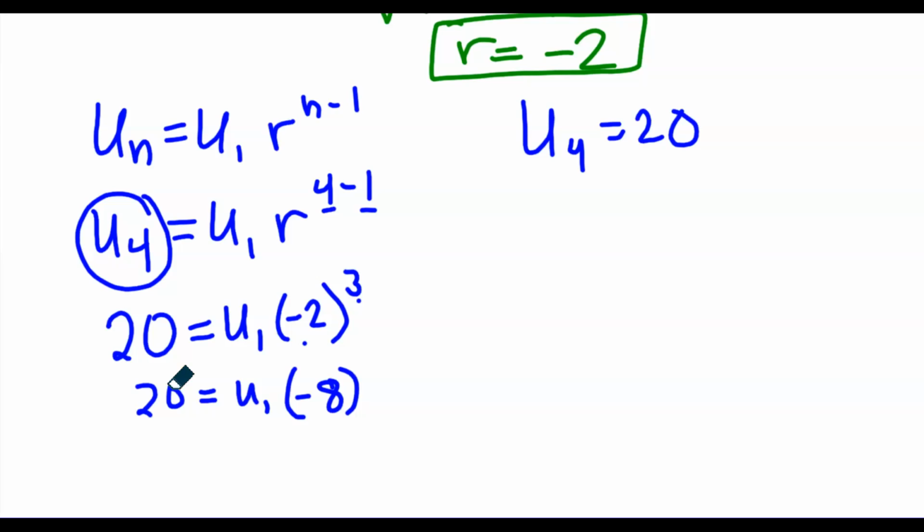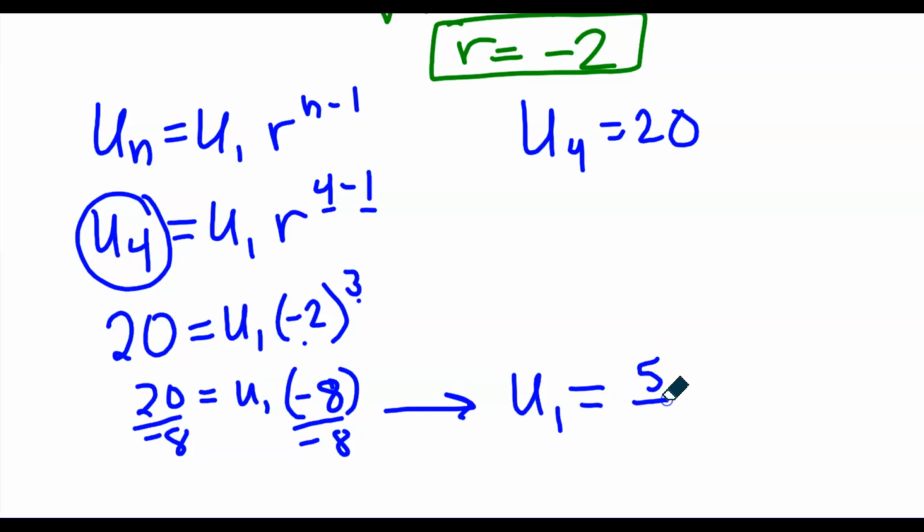And now I can solve for u1 by dividing both sides by negative 8. And that tells me that the first term, u1, is going to be 20 divided by negative 8, which reduces to negative 5/2.